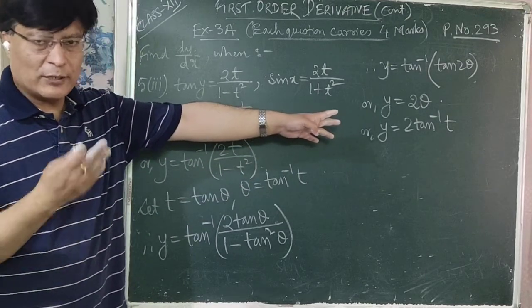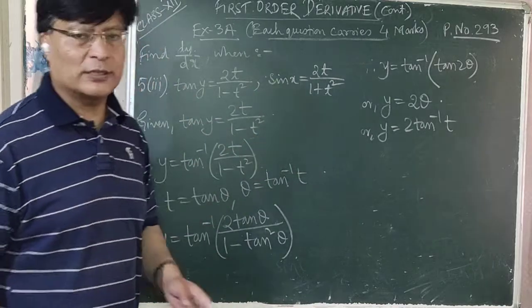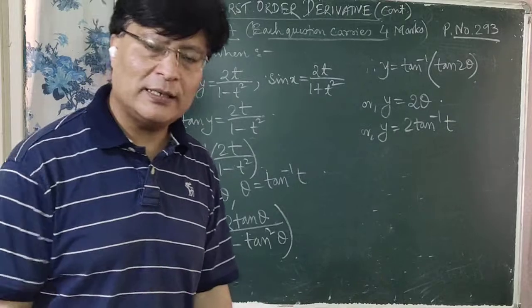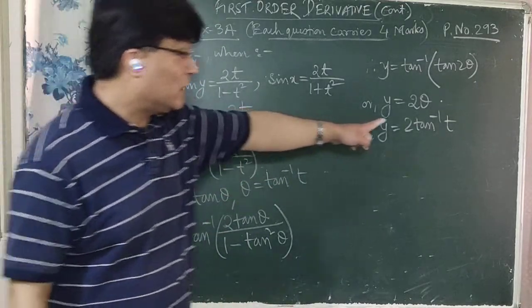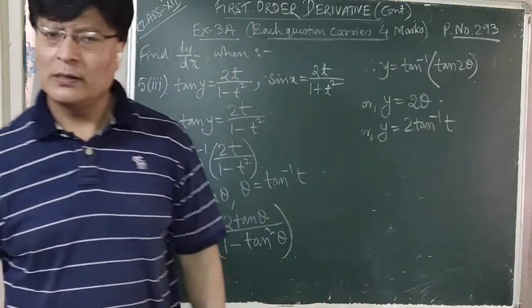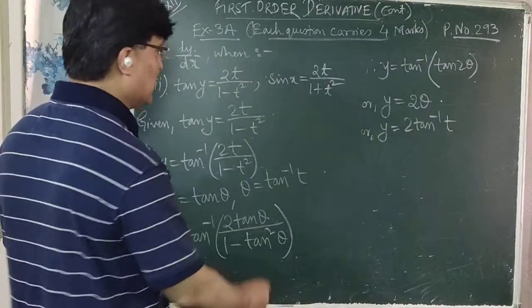So if you know the formula, you can directly write it down. If you don't know the formula, you can do this trigonometric substitution as we have done in inverse circular function. Now this is the simplified expression. You can differentiate it easily, isn't it?